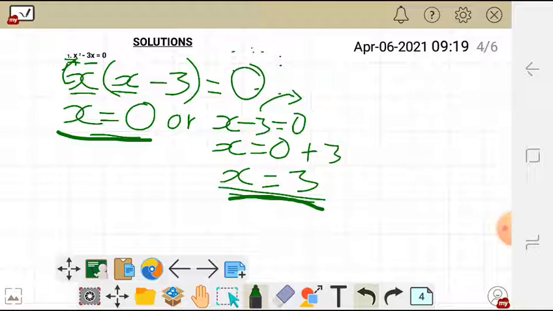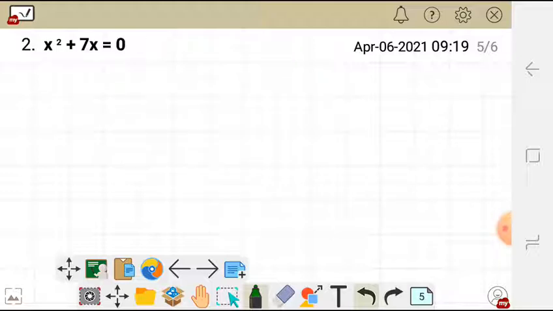So let's see another question, which was x squared plus 7x equals 0. Okay, so we're going to do the same. We look for a term which is common. In this case it is x. So we're going to write it here: x, then we open the bracket first.